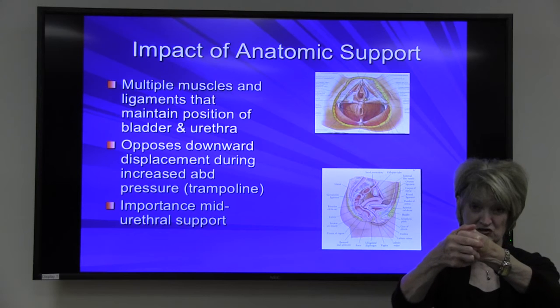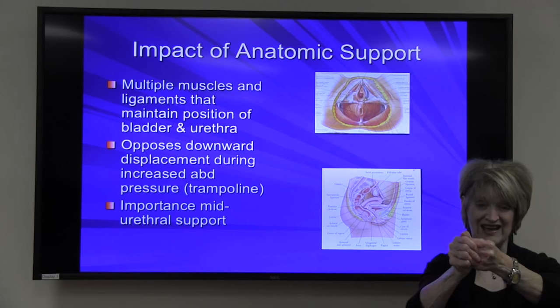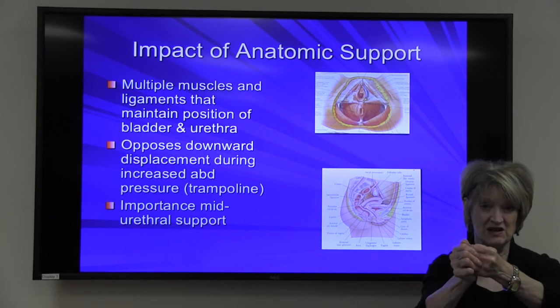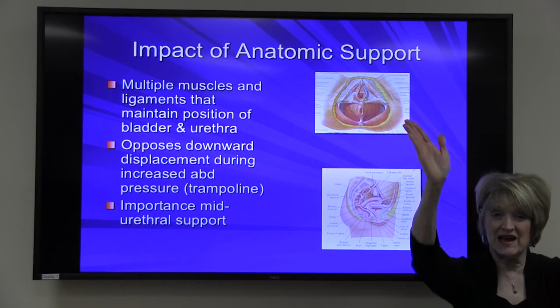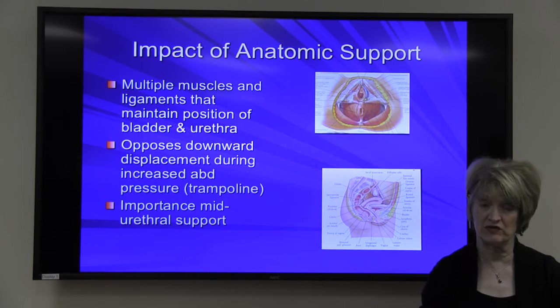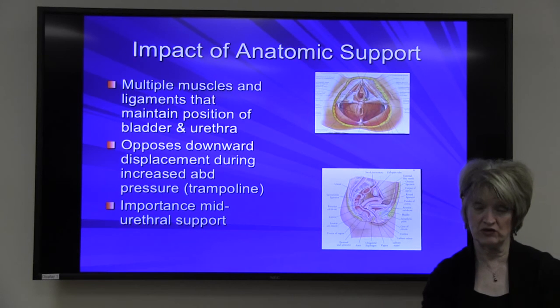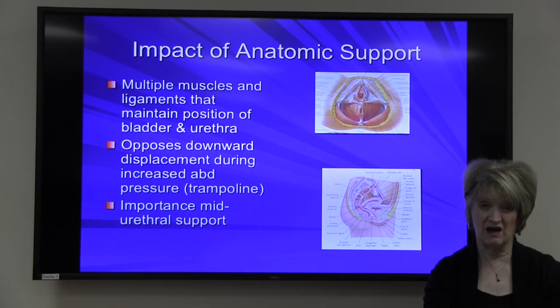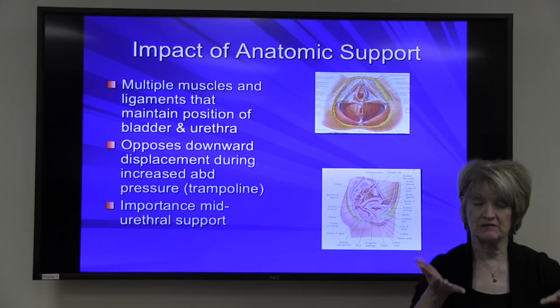It's trying to provide circumferential closure around the urethra. And as long as it's in position, it's very able to do that. But if it drops out of position, now it's having to reach up and reach around to try to close the urethra. So when the bladder and the urethra drop out of position, it compromises sphincter function. What does the pelvic floor do? It helps hold things in position.